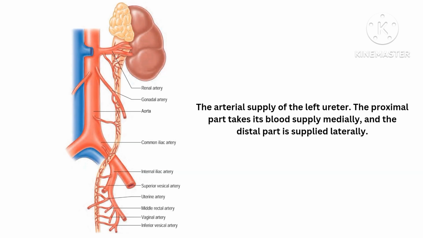The ureters receive blood from multiple arterial branches. The abdominal aorta and renal, gonadal, and common iliac arteries supply the abdominal ureter. These vessels access the ureter medially. Distal ureteral parts receive circulation from the vesical and uterine arteries, which are internal iliac artery branches.